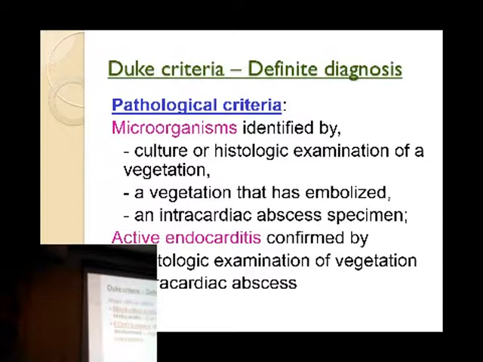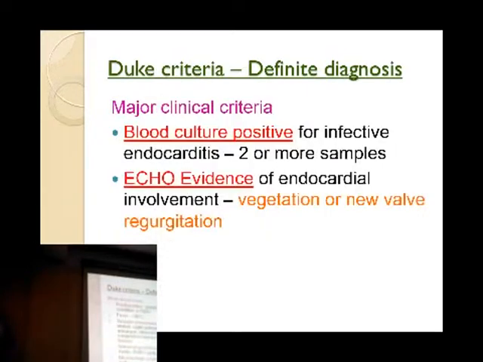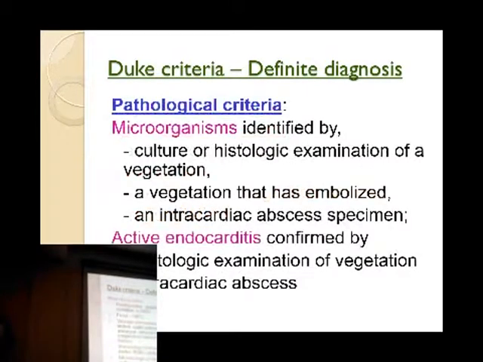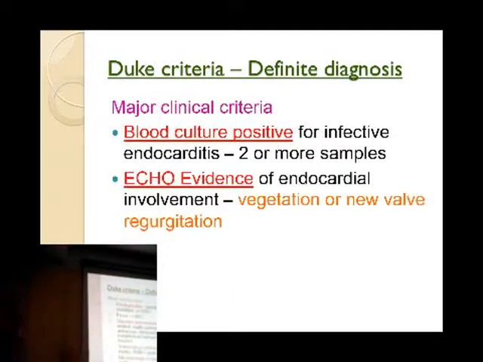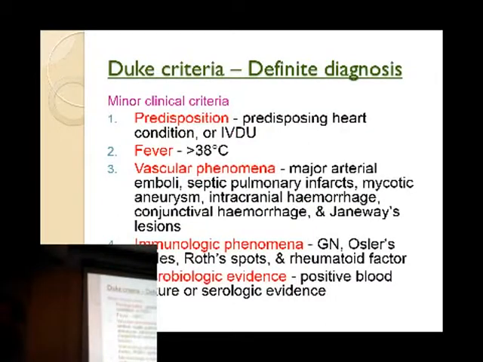So both criteria should be present together. When we move on to minor clinical criteria, all 5 minor clinical criteria should be present to call it without either pathological or major criteria. So predisposing conditions, we already discussed that.